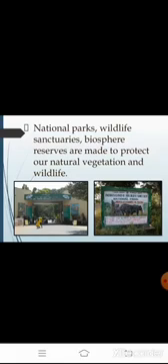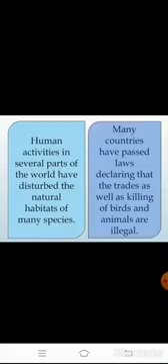Even conservation of creeks, lakes, and wetlands is necessary to save the precious resource from depletion. There is a balance in the environment if the relative number of species is not disturbed. Human activities in several parts of the world have disturbed the natural habitats of many species. Now, due to indiscriminate killings, several birds and animals have either become extinct or they are on the verge of extinction.